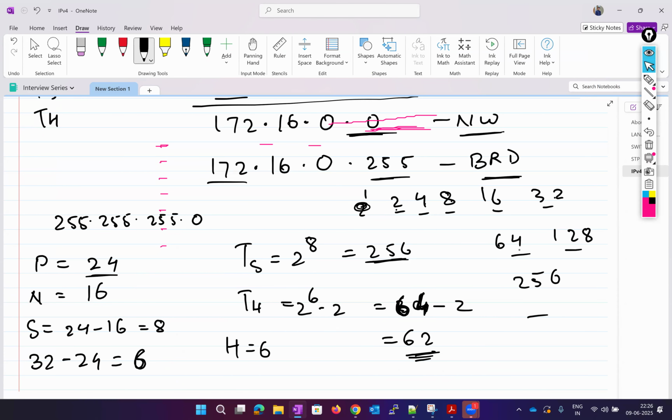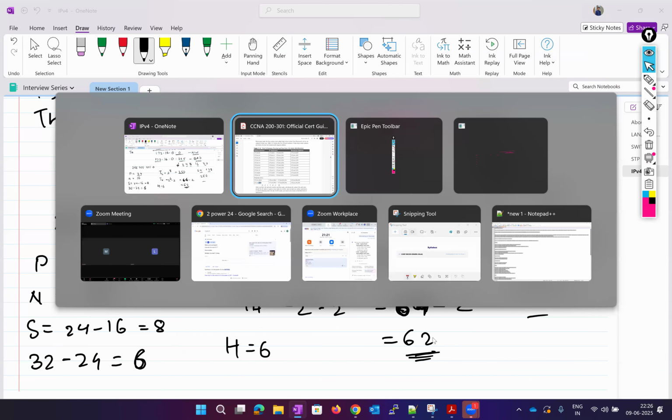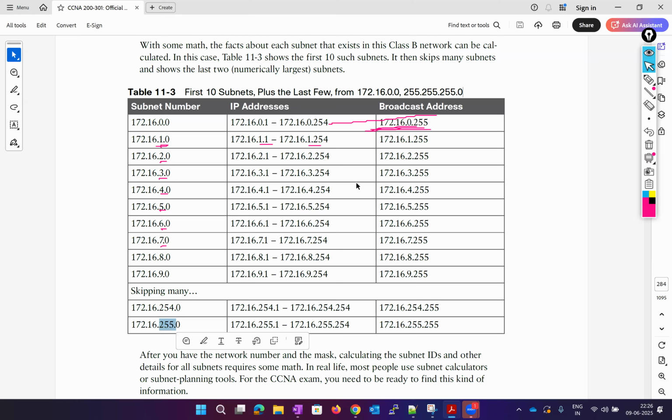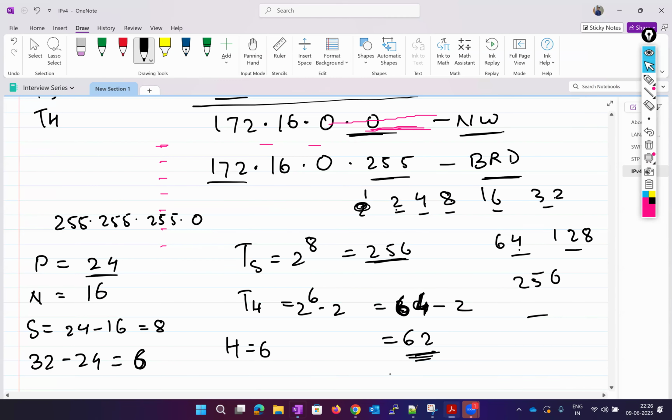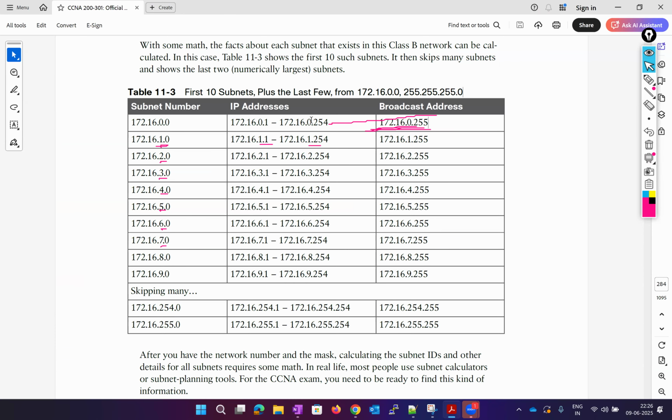And in each of these subnets, there will be 62 usable IP addresses, starting from 1 up till 62. Sir, then what about the rest?